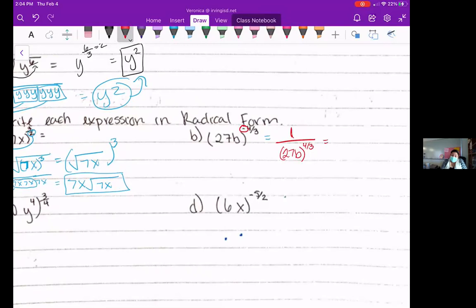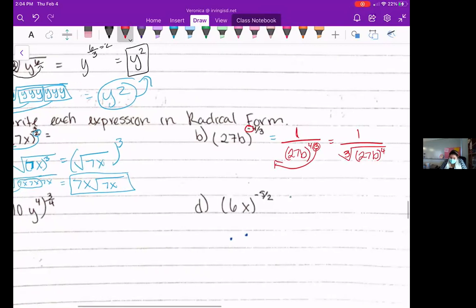Whatever. So then we would have 1 over, bottom out, the cube root of 27b to the power of 4. And that one could also be simplified.